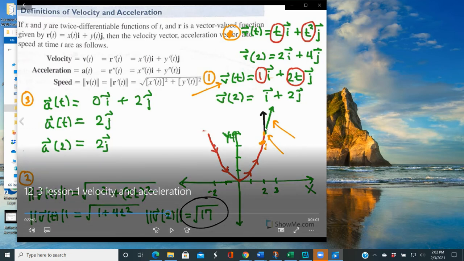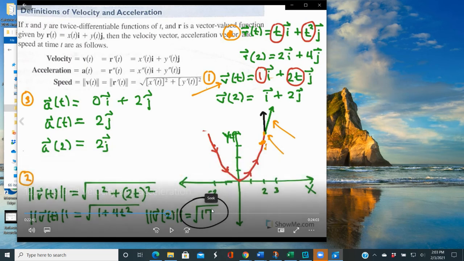And that should correspond to the length of the velocity vector, which, because it was drawn incorrectly, was nowhere close to 4. It was much shorter than it should have been. But if it had been drawn correctly, the length of the velocity vector would have been a little bit more than 4, equal to the speed of the object, square root of 17 units per second.